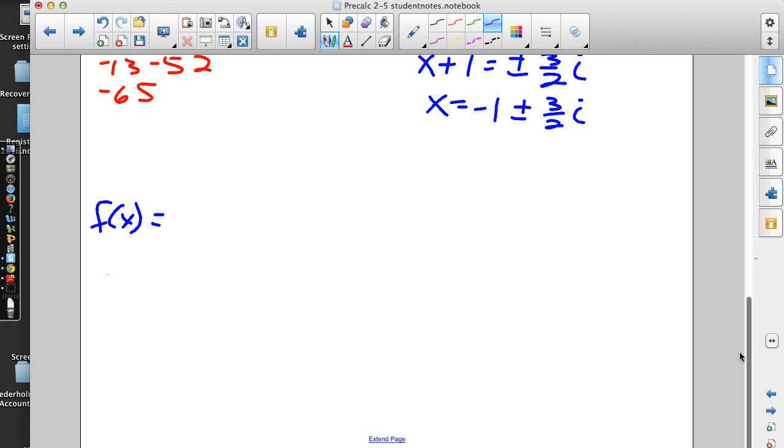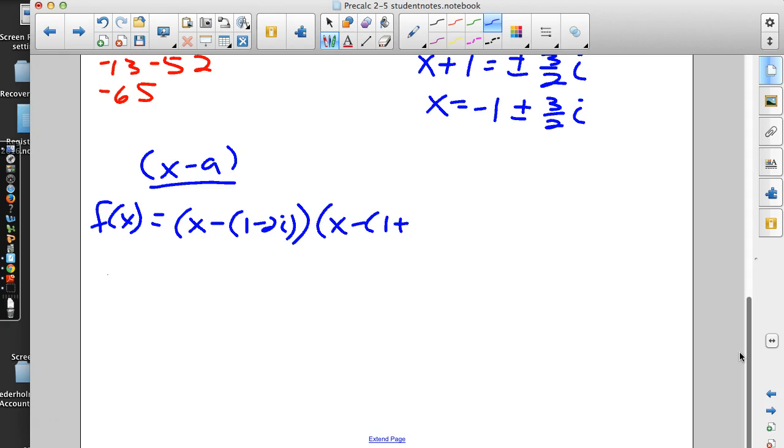So they gave us 1 minus 2i. So it has to be in that x minus a format. It's going to be x minus 1 minus 2i for the first factor. And from that, we reasoned that 1 plus 2i was a factor. Then we found 2 of our own wonderful answers.